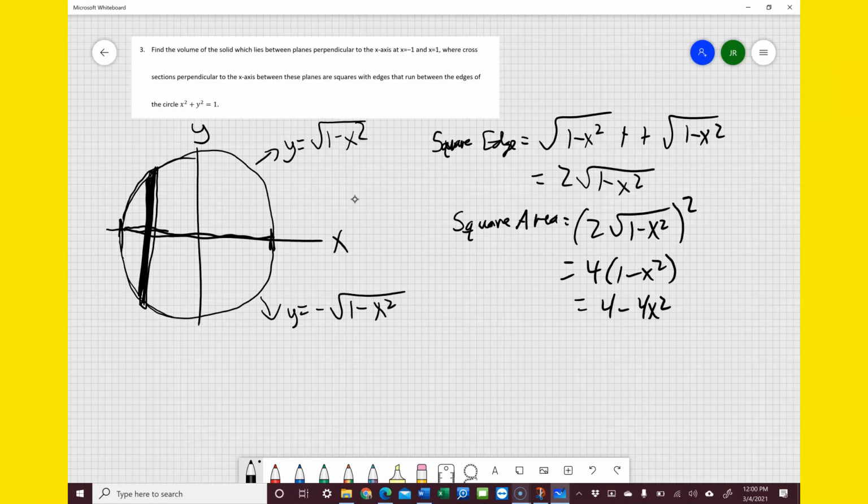So if I integrate that area expression over this whole length here, that will finally give me volume. So the volume equals the integral of the area, 4 minus 4x squared, as we integrate from -1 to 1.